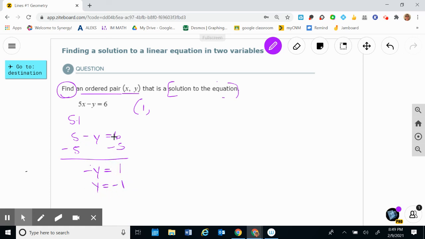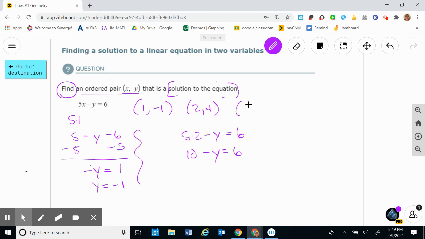Now here's the thing. I actually think it's easier to just figure them out. By the way, that's 1, -1. What if I picked 2 for x? 5 times 2 minus y is equal to 6. 5 times 2 is 10. 10 minus some number equals 6. The answer to that would be 4.